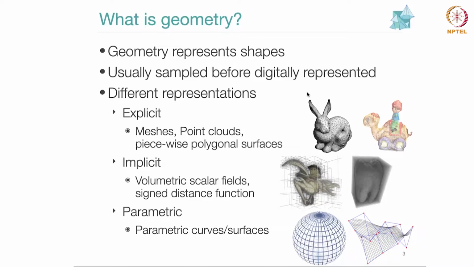Explicit representation, which is to say that I represent the shape as a collection of points or a collection of triangles that are sewed together, they touch each other. Or let's say piecewise polygonal surfaces. So instead of triangles, I could have quadrilaterals, pentagons, or any polygon that you wish. This is explicit representation, otherwise also known as the discrete representation, right?